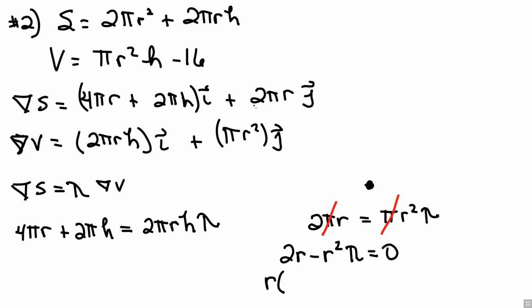I can factor out r and get r times (2 minus r lambda) is equal to 0. So we get one case that r is 0, and for the other, 2 minus r lambda is equal to 0.